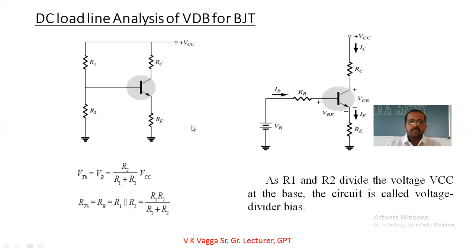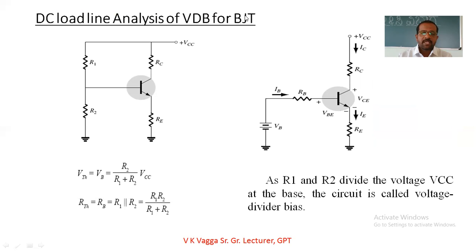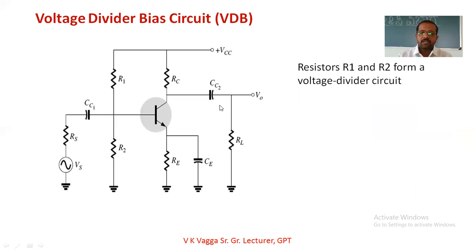If you see the DC analysis of this voltage divider bias circuit, in the DC analysis all the AC components are made zero. The capacitor allows only AC and blocks DC. CC1 and CC2 act as open circuits, meaning there is no connection with the AC input and no connection with the load resistor.